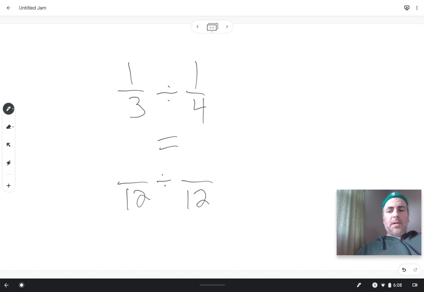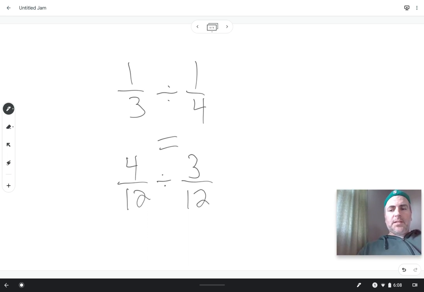Well, I multiplied 3 by 4 to get 12, so 1 times 4 is 4. Similarly, 4 times 3 is 12, so 1 times 3 is 3. So 1/3 equivalent in 12ths is 4 12ths, and 1/4 equivalent in 12ths is 3 12ths.